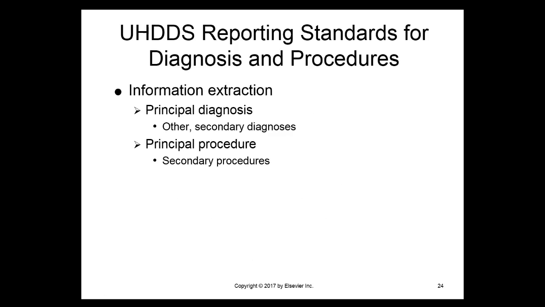One of the most important things that you do as a coder is determine the principal diagnosis and the principal procedure. Just because the physician documents or lists first a diagnosis on a discharge summary doesn't necessarily mean that it meets the requirement, the definition of a principal diagnosis, or that the physician has followed the official coding guidelines.